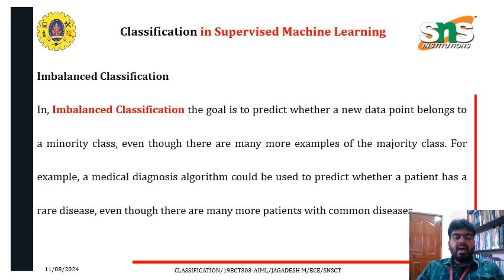And the next one is imbalanced classification. In imbalanced classification, the goal is to predict whether a new data point belongs to a minority class, even though there are many more examples of the majority class. For example, a medical diagnosis algorithm could be used to predict whether a patient has a rare disease, even though there are many more patients with common diseases.